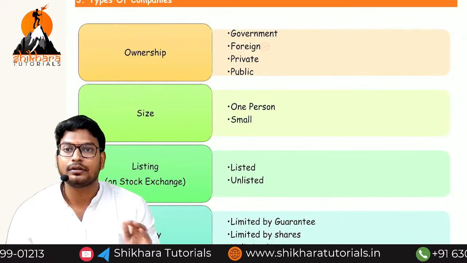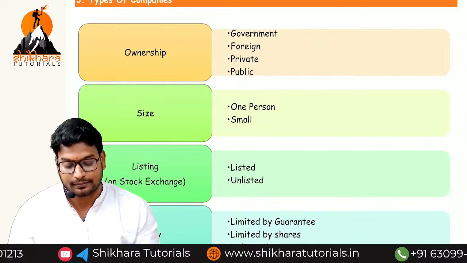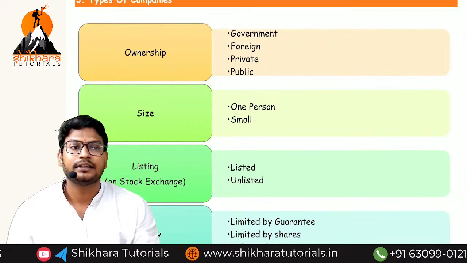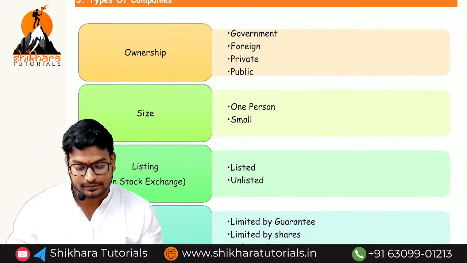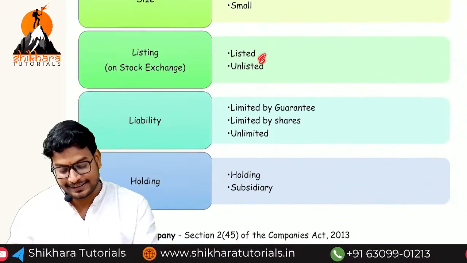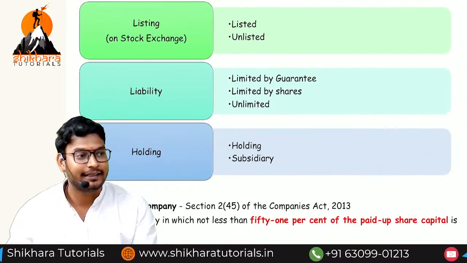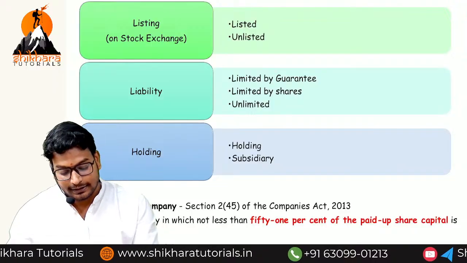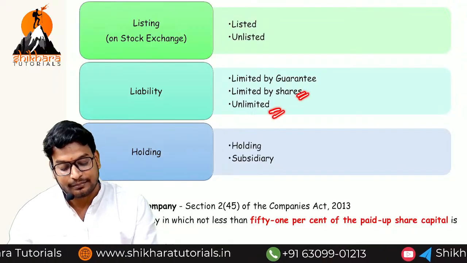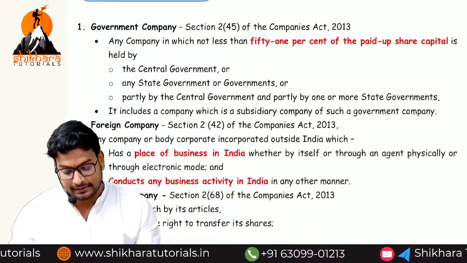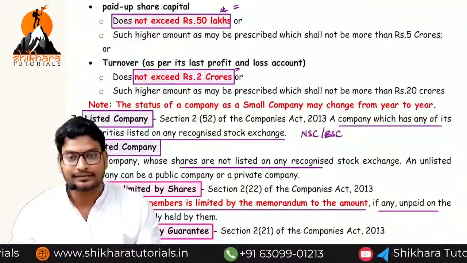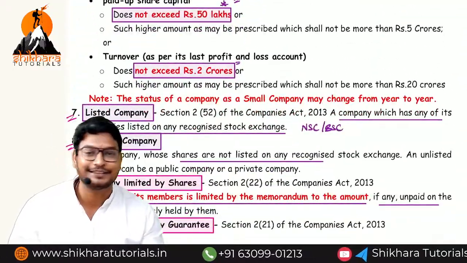Foreign company means not registered in India, having a place of business. Private means limited to certain family members. So all the things we have seen: listed companies, unlisted companies, limited liability, unlimited liability, limited by shares, limited by guarantee. And all the types of companies, types of shares and types of preference shares we have discussed.